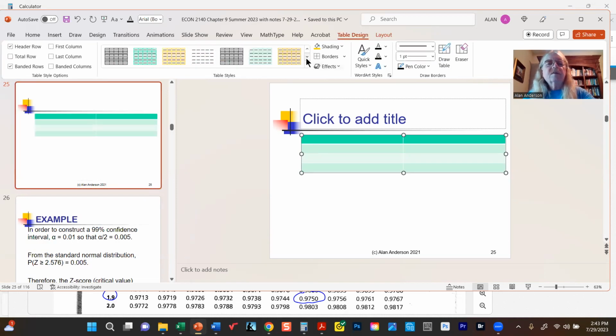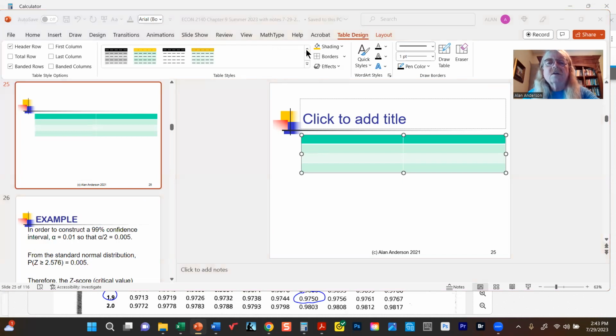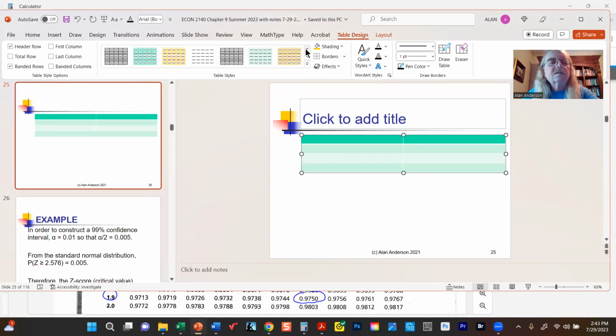This always drives me crazy when the default to these tables is green. I don't know what person in their right mind wants a green table. This is what they stick us with. Now I have to search around for all white, which is what a normal person would want.